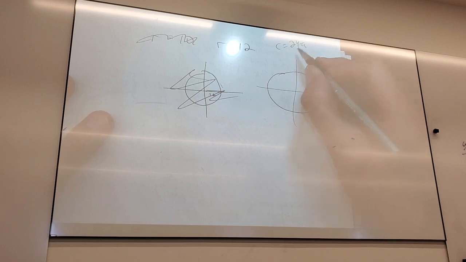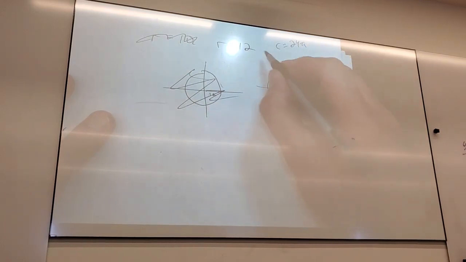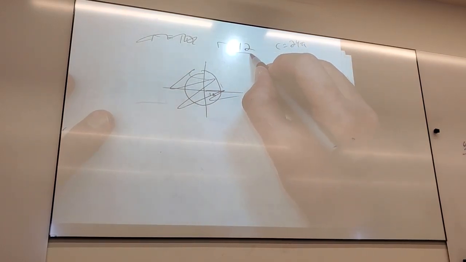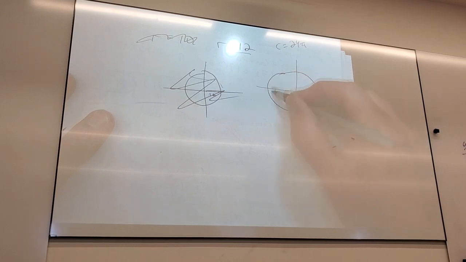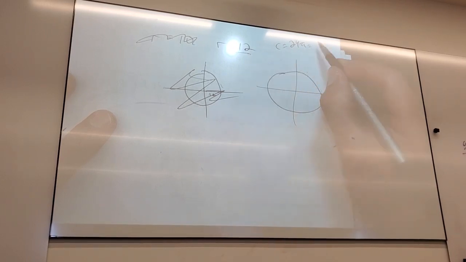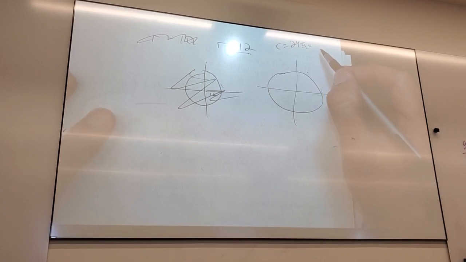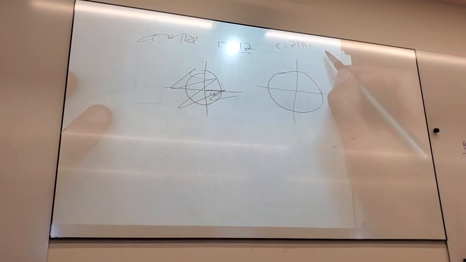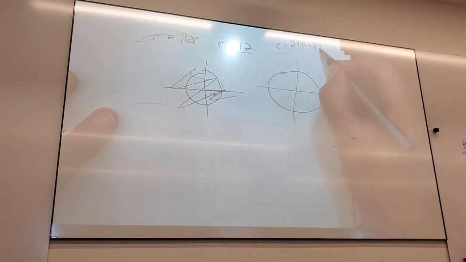So if I go 1 radian around this circle, I'm going to go 12. So 24 pi is roughly what? 24 times pi. 75.36. Thank you.